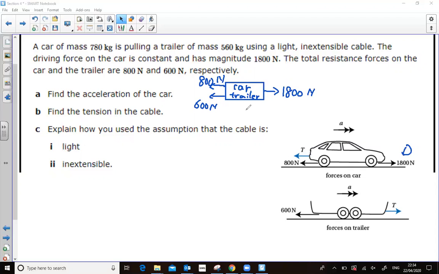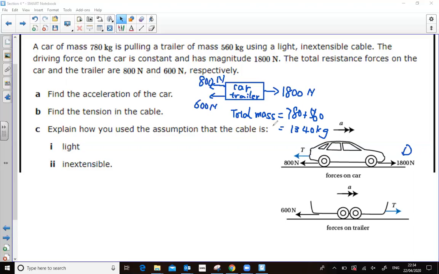Something else you have to be careful here is because we're putting them together, the total mass will now change. So the total mass will now equal the mass of the car, which is 780, plus the mass of the trailer, which is 560. So altogether, that will give you 1,340 kilograms.